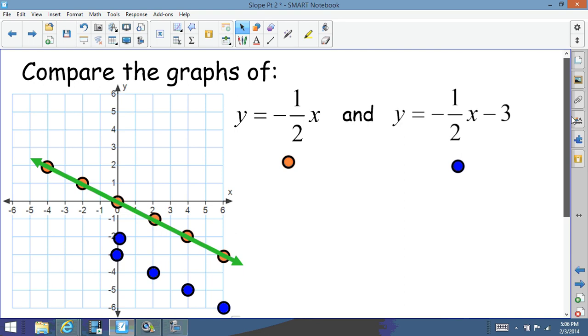We can do the opposite, go up 1 and over 2 in the other direction. Go from that point, go up 1 and 2 over in the other direction. And one more time, let's go up 1 and 2 in the other direction. That one landed right on the x-axis. So let's get our graphing line tool and draw a line. And there is the graph of y equals negative 1/2 x minus 3.